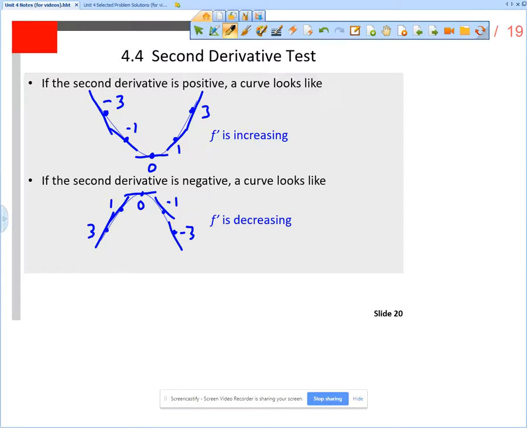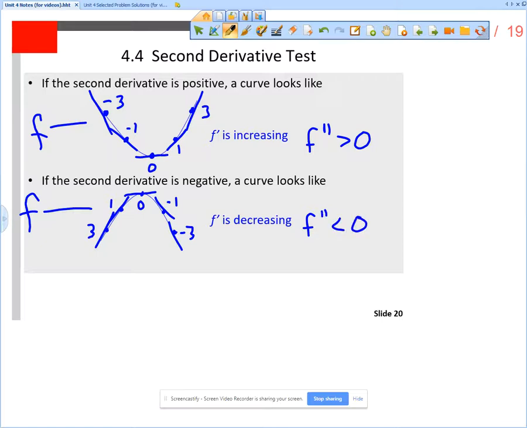We want to make sure we understand that when I'm looking at f, remember this is a graph of f. That f prime is increasing means that f double prime is positive. f prime decreasing means f double prime is negative.